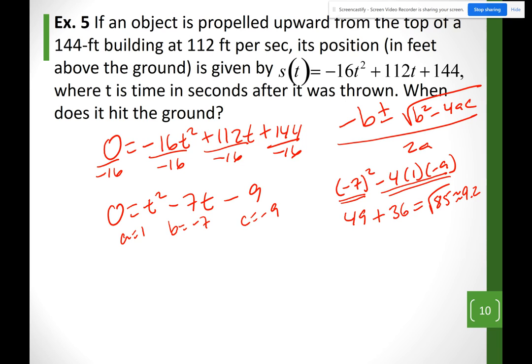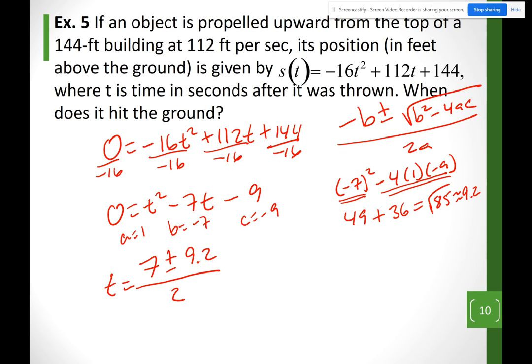It's a longer number. All right, so let me do the quadratic formula now. Negative b. Negative of a negative is positive 7 plus or minus 9.2 all over 2. 2 times a gives me 2. All right, so that's going to give me my t.